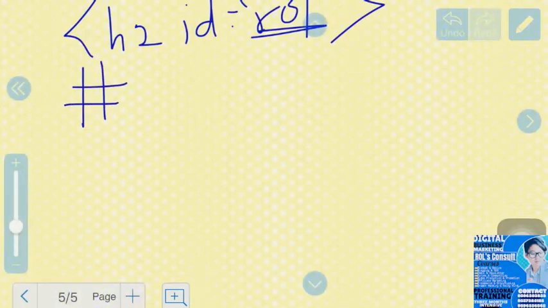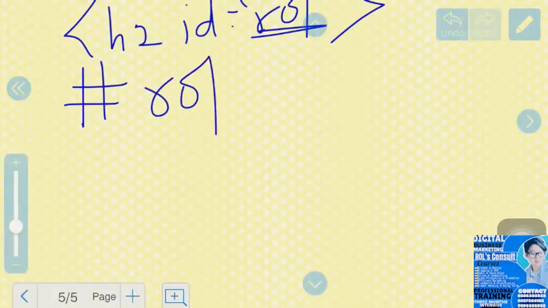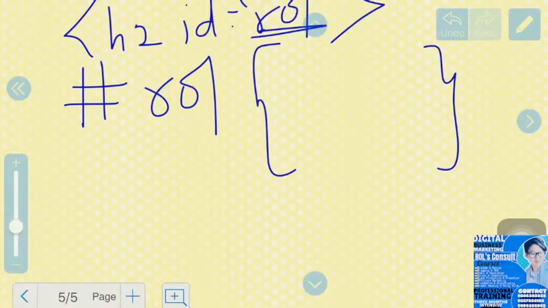So if I have applied row to my h1 element, I precede it with a hashtag symbol, then the name of the ID, in this case row. Then I open and close my curly braces, and my declaration goes in here.